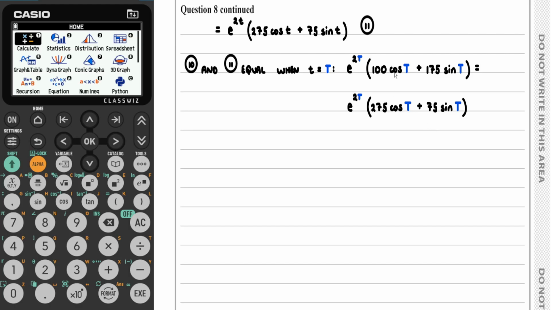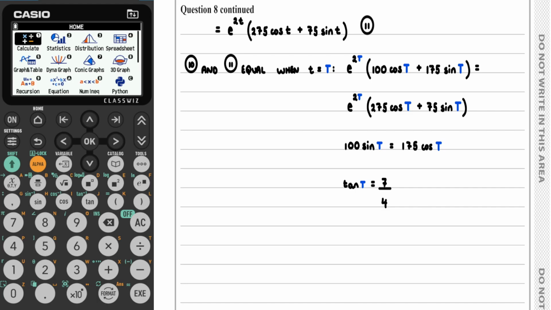Now, the e to the 2t's cancel on both sides, and if we rearrange, we will be left with 100 sin t equals 175 cos t. And so, rearranging this equation, we see that tan t is equal to 7 over 4.